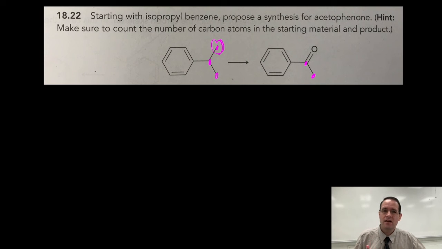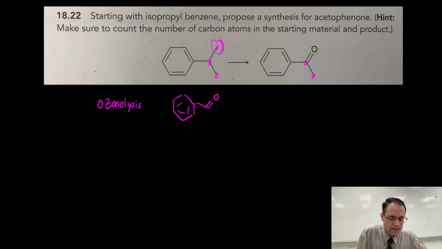Now, what I want to think about is the easiest way to make a ketone by throwing away a carbon, and that's going to be ozonolysis. Okay. Thinking backwards, this ketone right here, which is called acetophenone, could come from an ozonolysis reaction that's performed on an alkene.